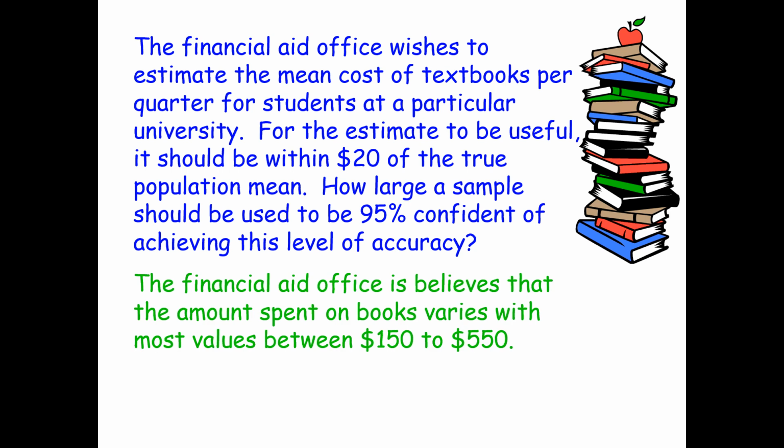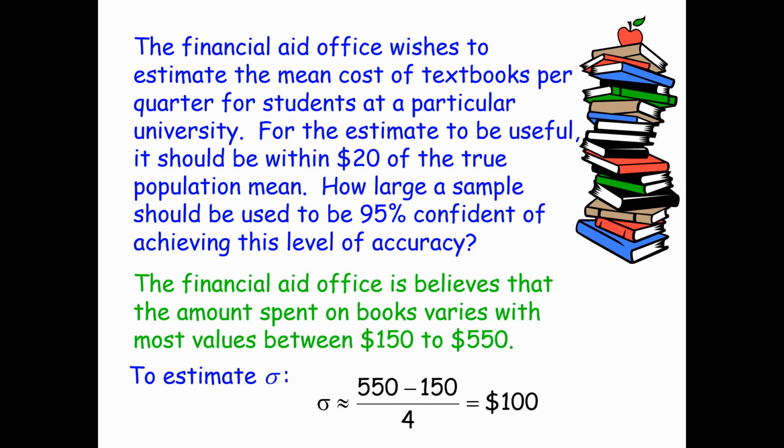So the financial aid office believes that the amount spent on books varies, with most values between $150 and $550. So to estimate sigma, we're going to take the range and divide it by 4, which is going to give us $100, which is kind of a nice value to use.